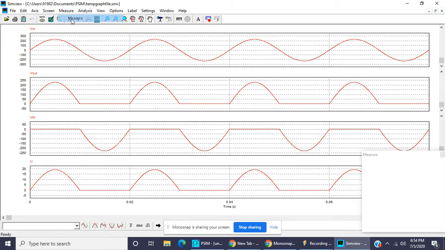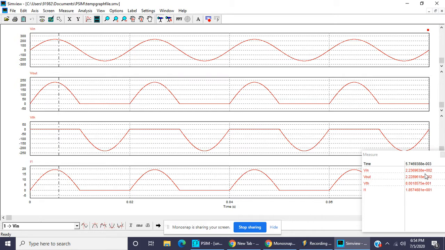Now we will see it. Look at this one. Input voltage is equal to 2.23 e plus 002, which means 2.23 into 10 raised to 2, that is 223 volt.